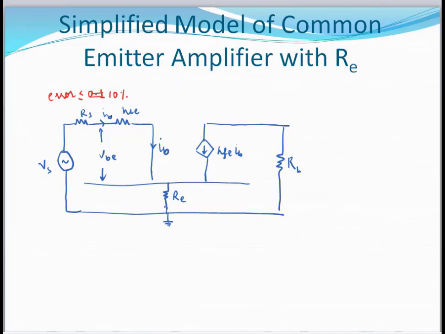And if you see the current flowing through, it is the sum of this current and this current. So this is 1 plus HFE IB. Current will flow through the emitter resistance.